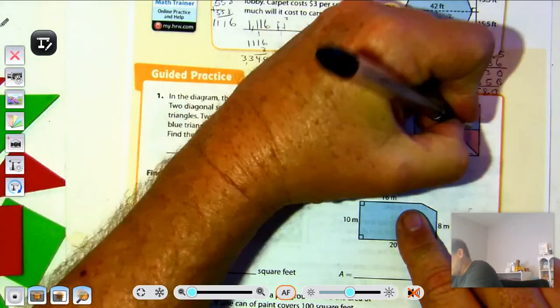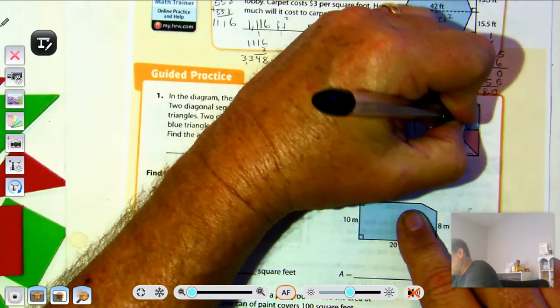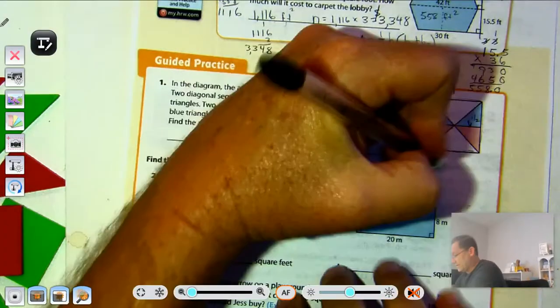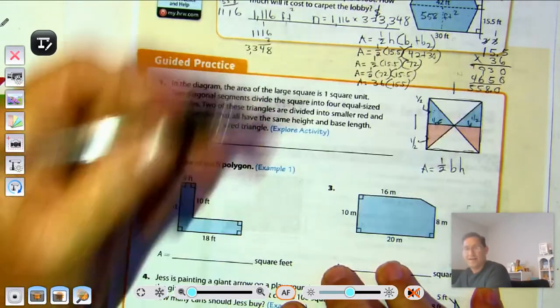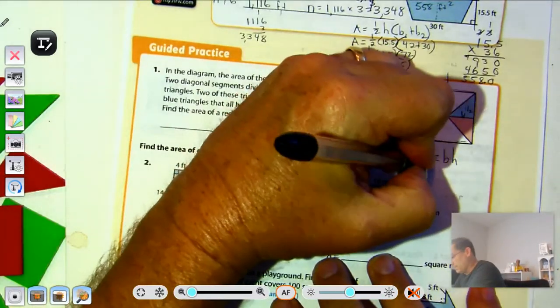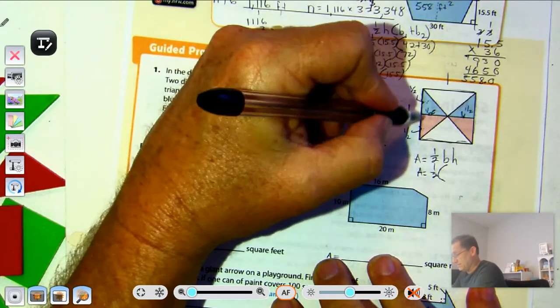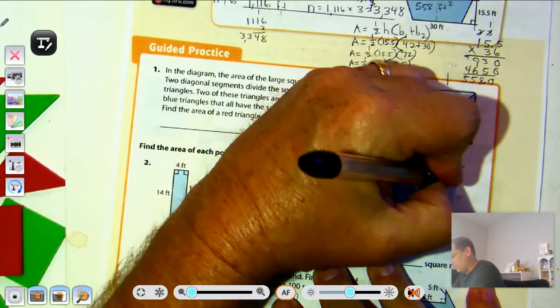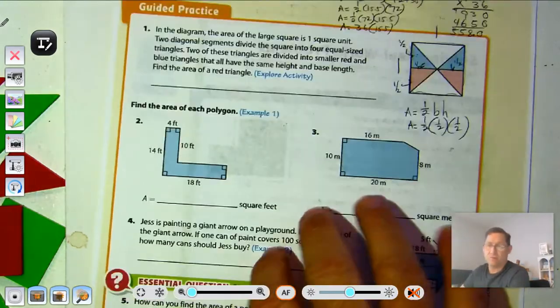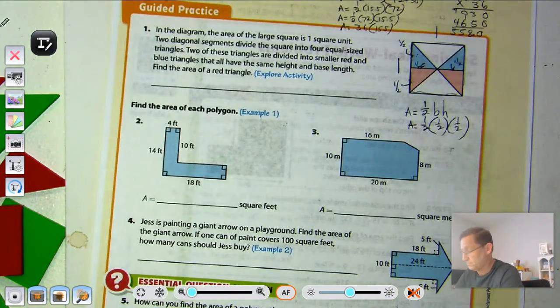So this is half, and that's half. So basically, we have a triangle that's 1/2 the base times the height. Well, the base is 1/2. The height is 1/2. So basically, we have 1/2 times 1/2 times 1/2.